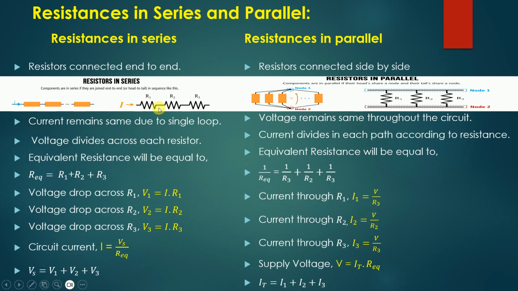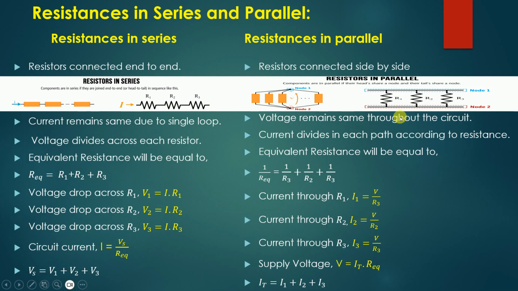In a series circuit, there is a voltage drop across R1, similarly a voltage drop across R2, and similarly a voltage drop across R3. If all these three resistors have the same values, then the voltage drop across each resistor will remain the same.